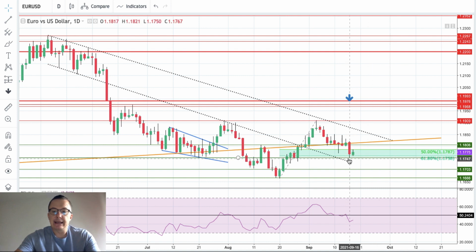So please keep an eye on the 61% Fibonacci retracement, 1.1758. This retracement is the key one, because if this one is violated, then of course there is no more retracement, and we would likely go towards the next technical support, 1.1703, or even towards the lows of 20th of August 2021, seen at the level of 1.1666.